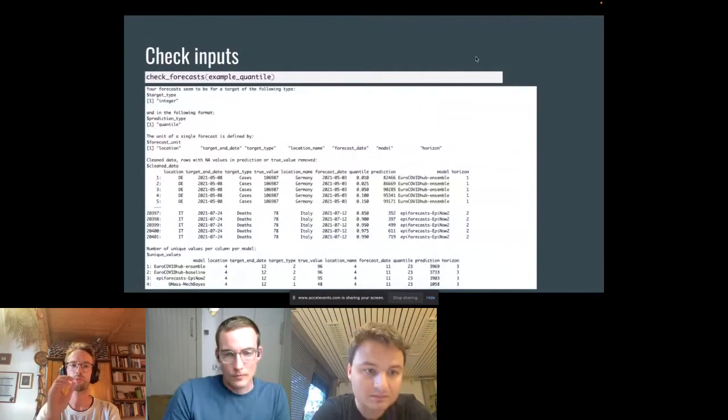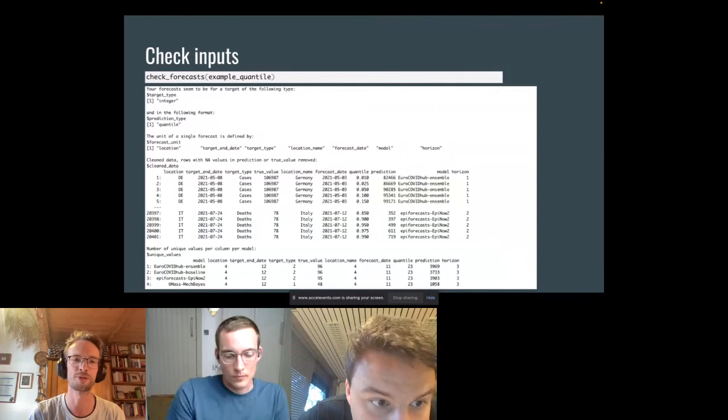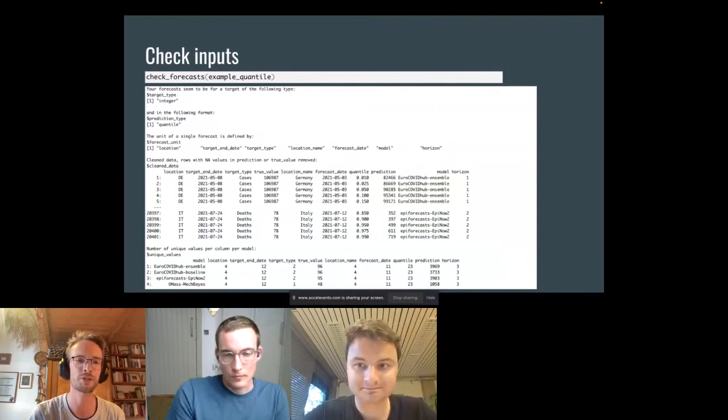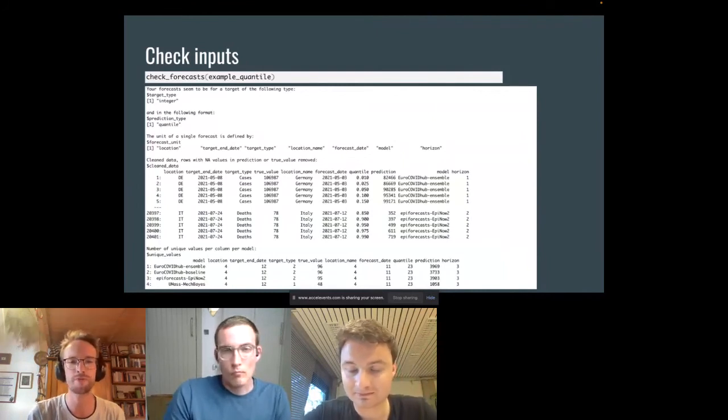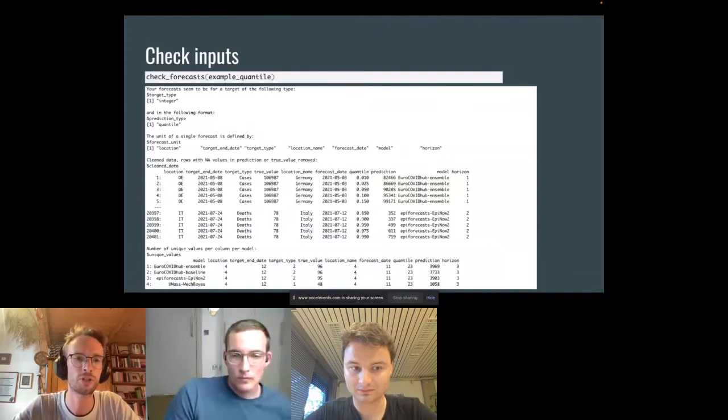Okay, so in this case, we know that the data is in the correct format because it's the example data from the package. But usually the first thing that you would want to do is check your input data to make sure that it is in the correct format. And there's a convenient function that does that.